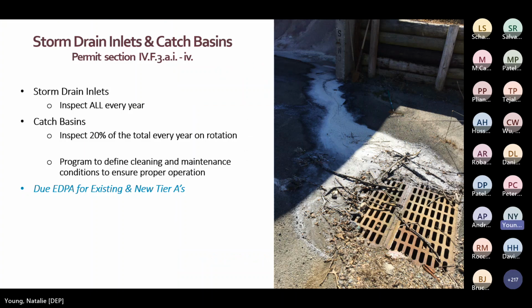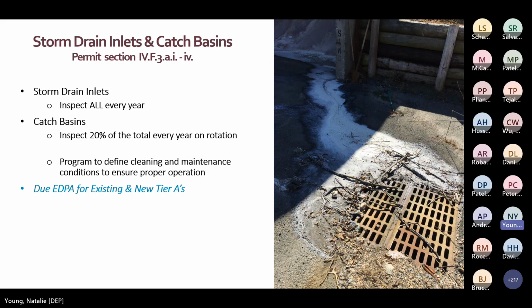We wanted to clarify and point out that inlet inspections and catch basin inspections are different activities and have different schedules. The condition of stormwater drain inlets can be observed with a simple drive-by type of inspection and a quick sweep or shovel if the grate is clogged. For this reason, we require that all stormwater drain inlets are inspected every year.